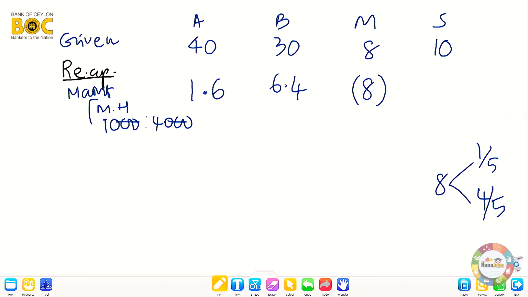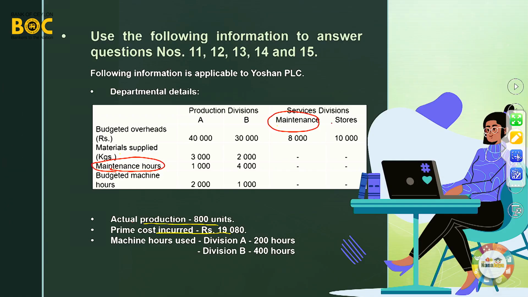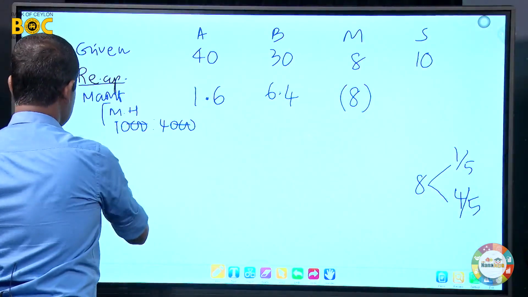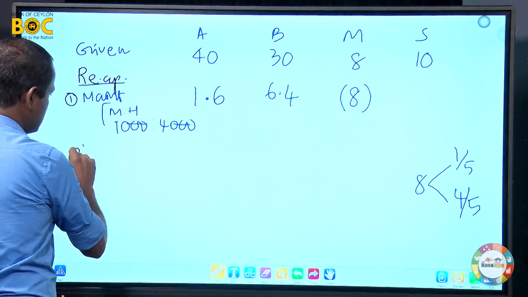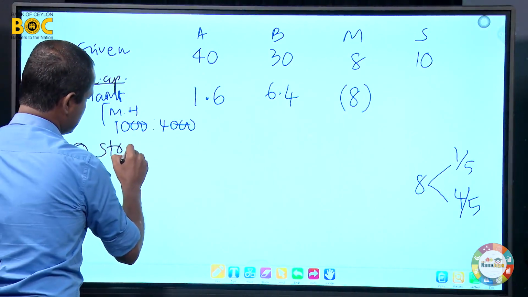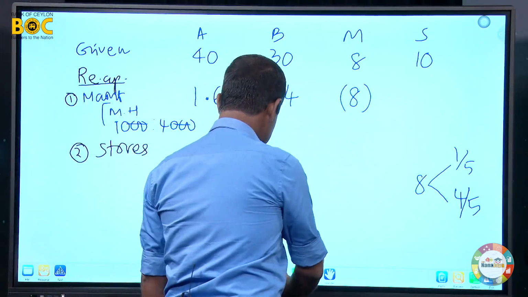So there is another service department: stores. Reapportionment, the first one you did for maintenance, the second one is stores. What's the basis you use?